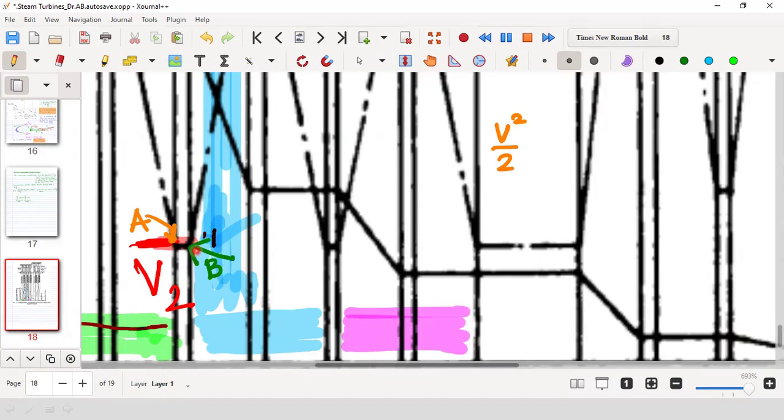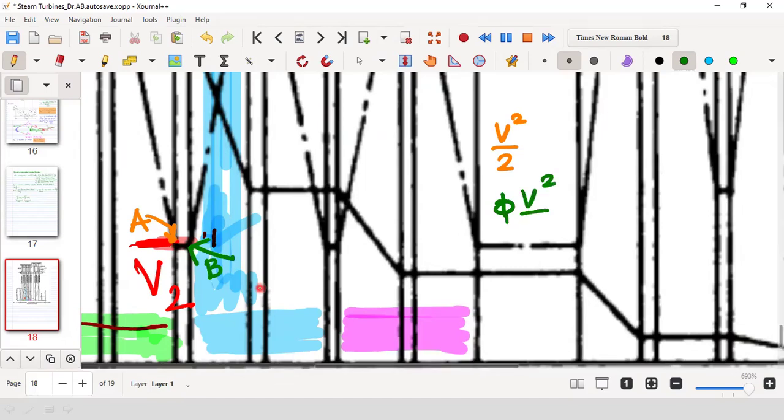So here basically the velocity will be something else, and we define the kinetic energy here at point B as phi of v squared by 2.